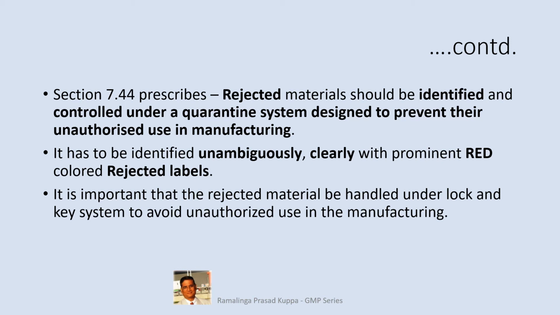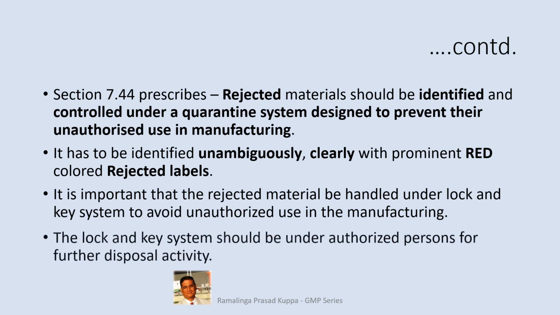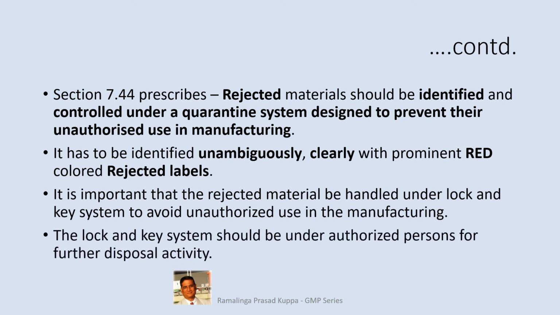The control should be with the quality unit or other suitable independent section. The lock and key system should be under authorized persons for further disposal activity. For salvaging the rejected materials, authorized personnel should be designated.